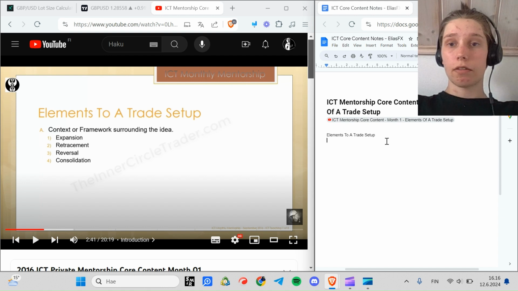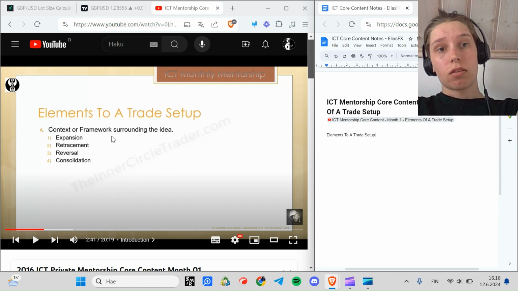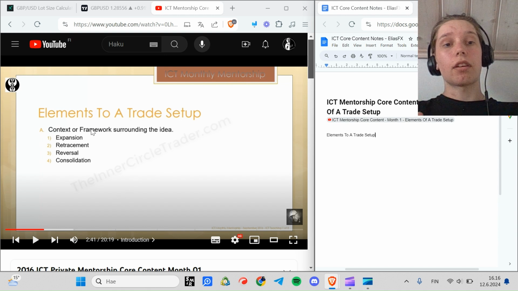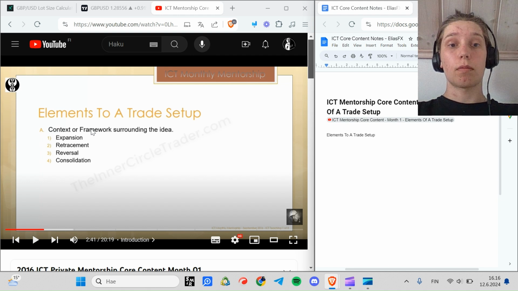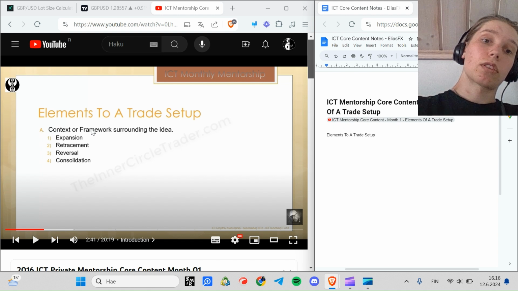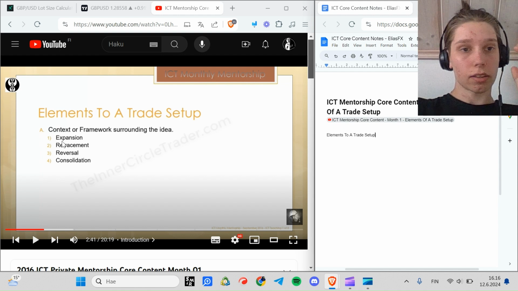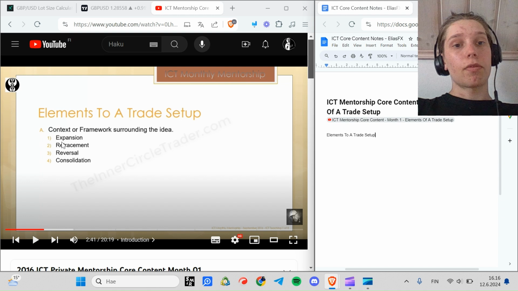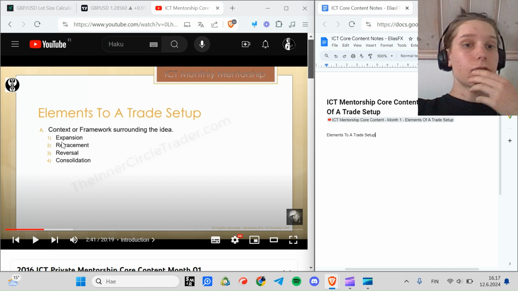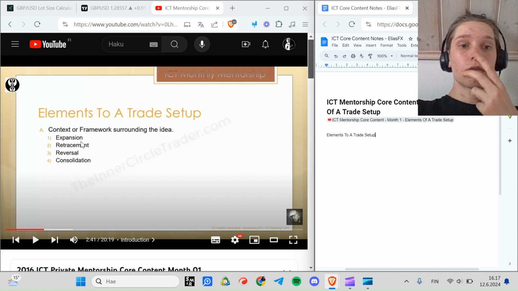So the first episode is about elements to a trade setup. First of all, you need to identify the context behind the trade, surrounding the idea, what's the framework. What ICT presents here is four different conditions: expansion, retracement, reversal, and consolidation.